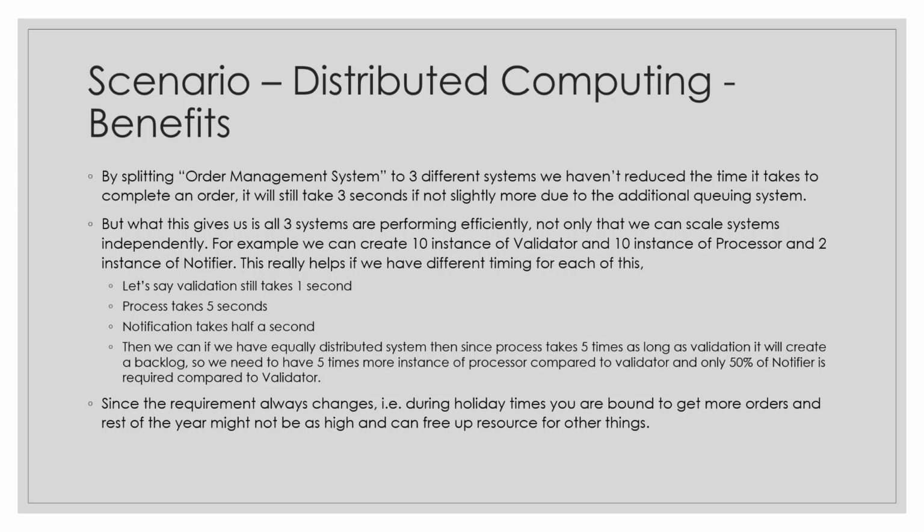Plus, sometimes your order system will have to work harder, and sometimes it doesn't need to work that hard. For example, in the holiday season, you might receive more orders, and then the rest of the year you might not receive that many orders. So this distributed system gives you the flexibility to scale up and down depending on your needs.